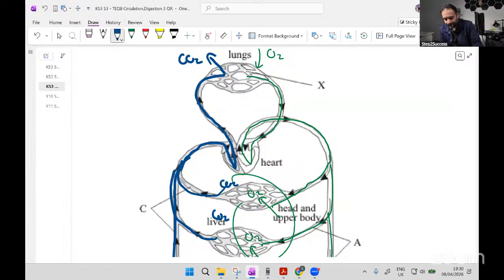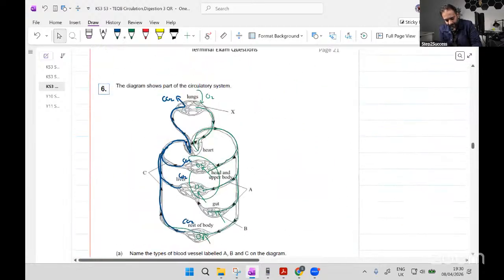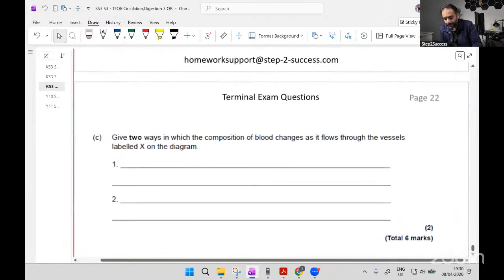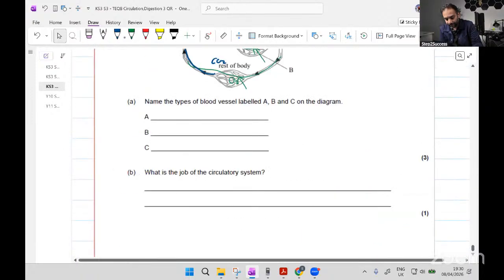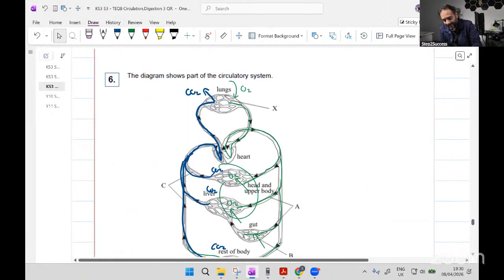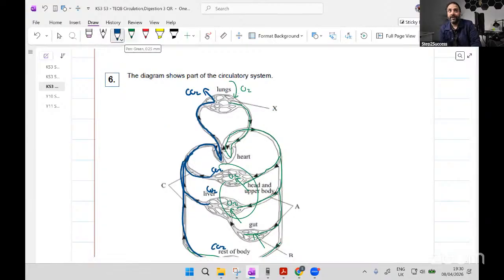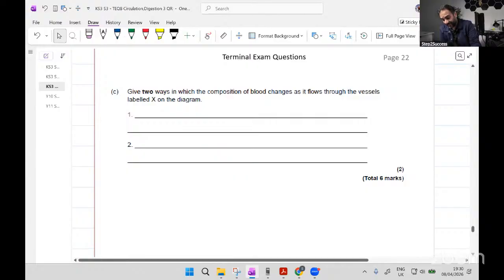So, give two ways the composition of the blood changes as it flows through X. Well, the amount of carbon dioxide in the blood goes down because we get rid of it, and the amount of oxygen in the blood goes up because we take more in. So the answer is, I think, just less carbon dioxide and more oxygen.